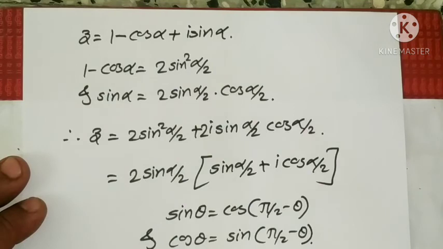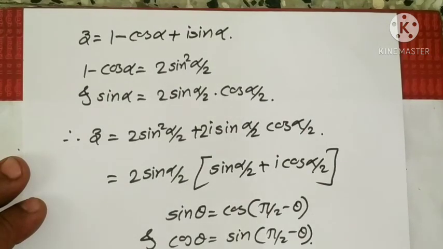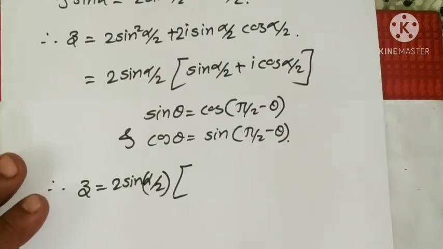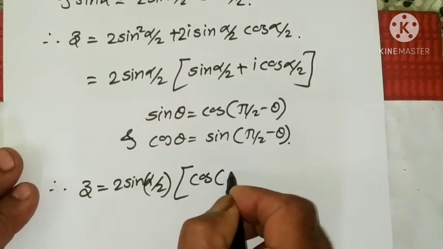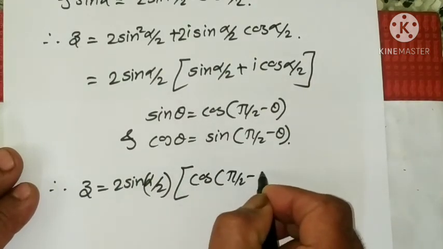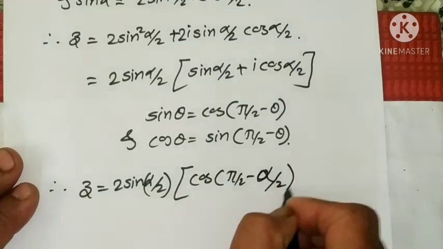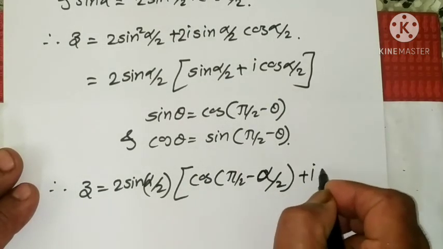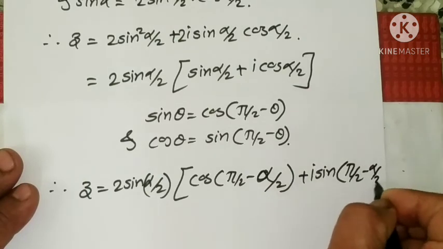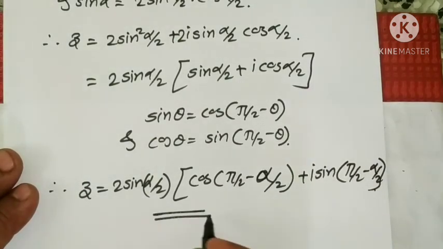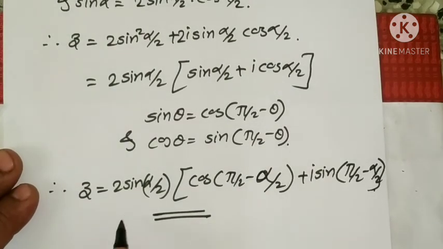Therefore, z is equal to 2 sin alpha upon 2 into bracket cos of pi by 2 minus alpha upon 2 plus i sin of pi by 2 minus alpha upon 2, which is the representation of complex number in polar form.